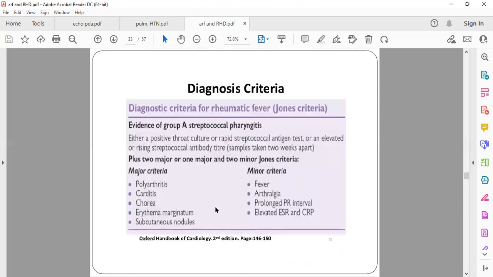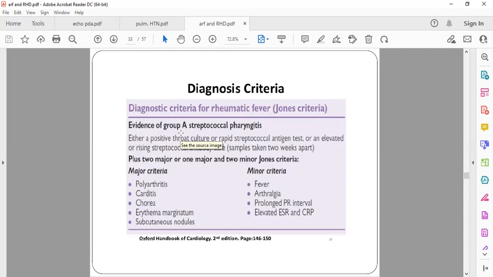Initially, the diagnostic criteria was the Jones criteria, which included major and minor criteria. Now it has been modified based on low risk and high risk endemic areas. For diagnosis of rheumatic fever, there should be evidence of streptococcal infection.